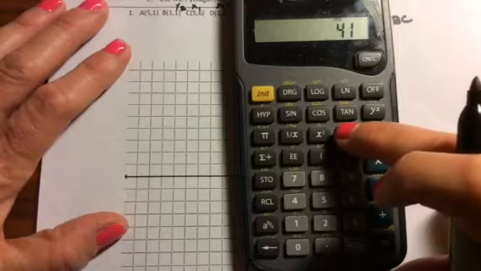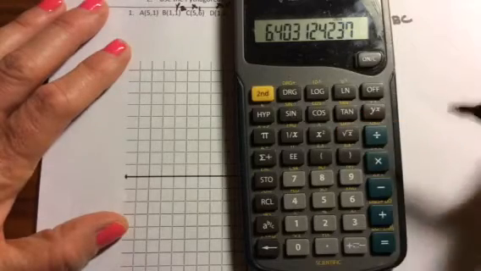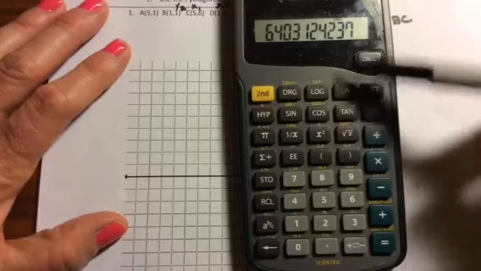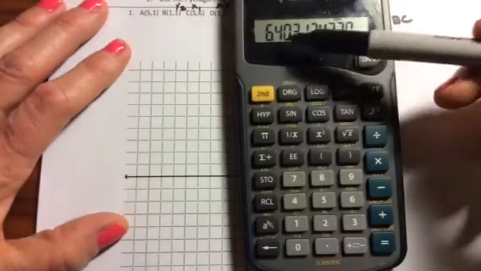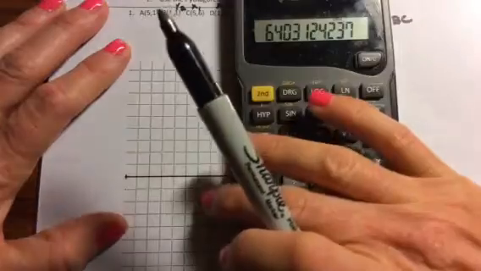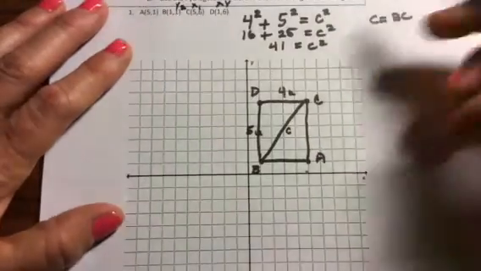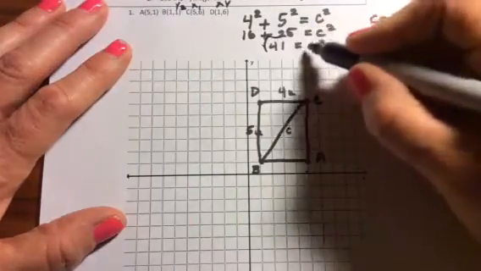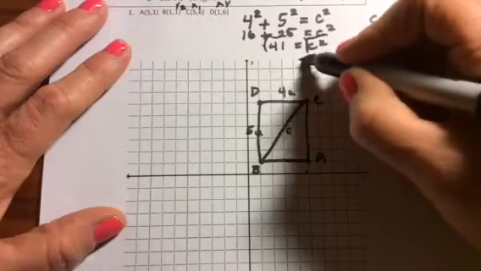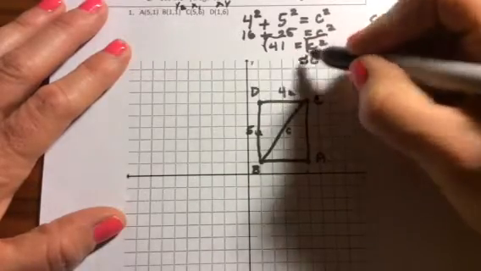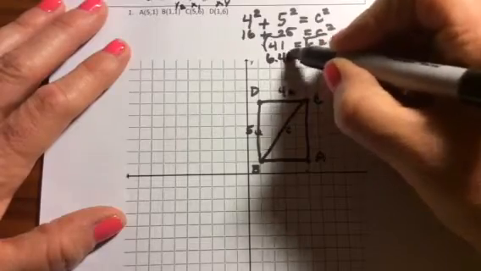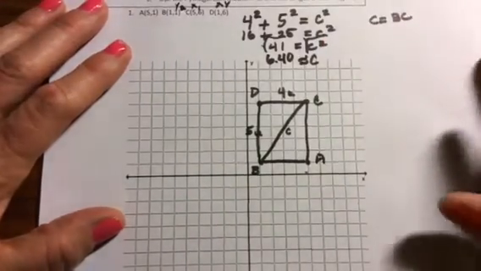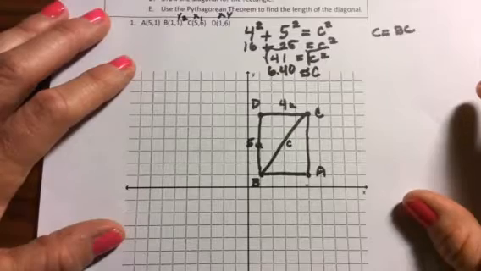On the newer ones, if you have one like in my classroom, you're actually going to hit the square root key, and it's going to give you a place to put in 41, then you would hit enter. So it's going to be approximately 6.40. So when I take the square root of both sides, c would be approximately equal to 6.40. And that would be 6.40 units.